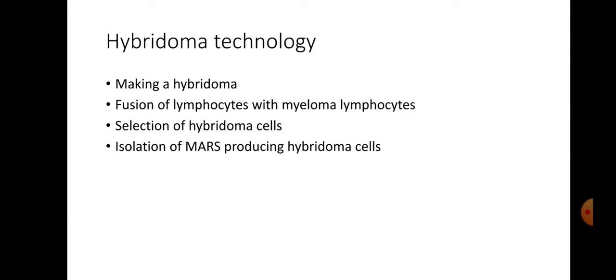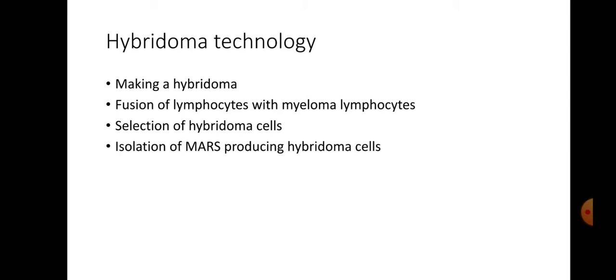So this is the advantage of producing these hybridoma cells. What is the advantage? One thing is the cell can produce a specific antibody, and due to myeloma cell lines, they can produce this desired antibody in uncontrollable form. That is, in any good amount it can be produced, unstoppable.